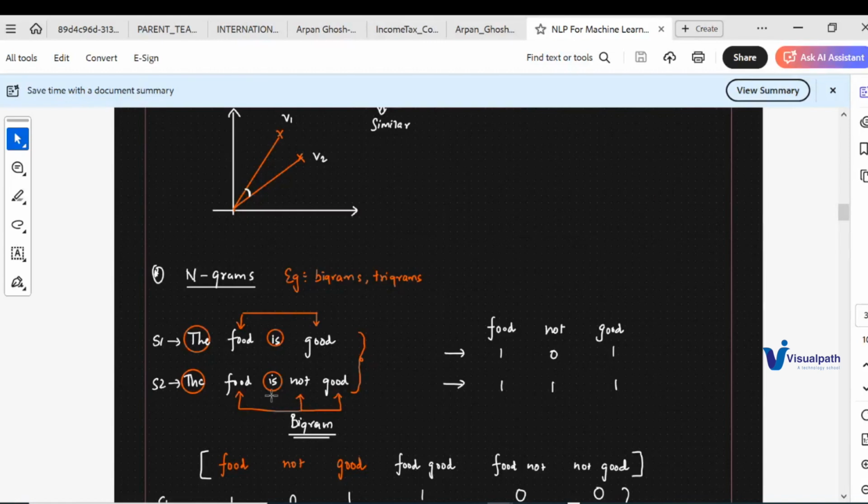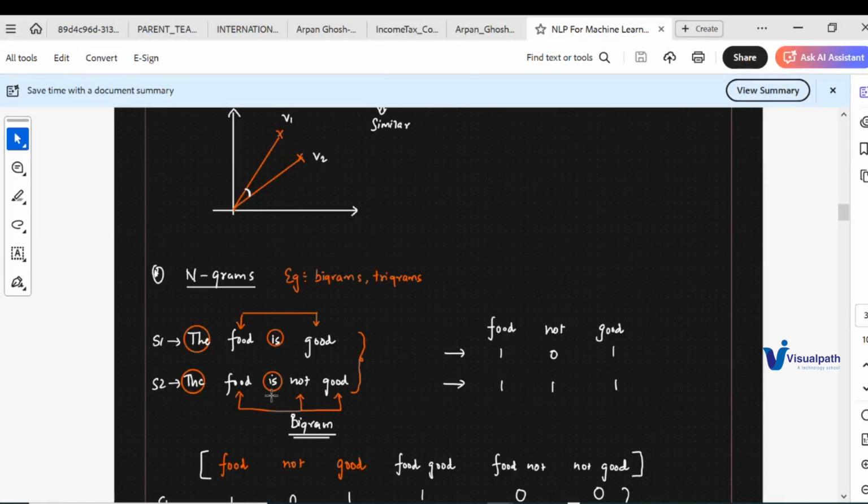In general, take the second line: the food is not good. Just imagine if the machine was reading a single word at a time. If you read "not good" together, you will think, okay, this is a negative statement, right? As humans we read and understand that.